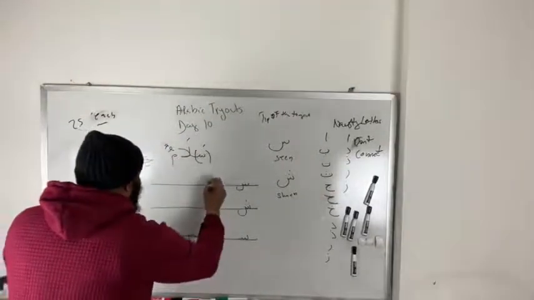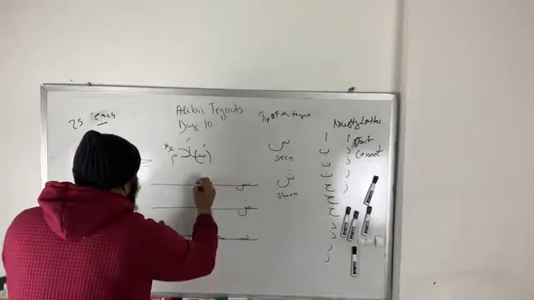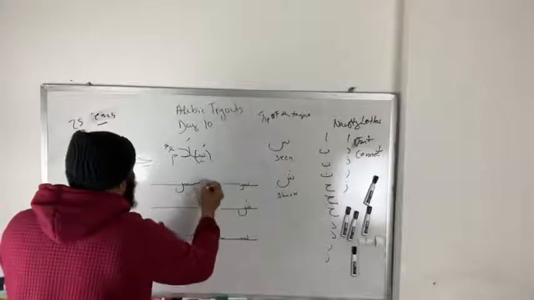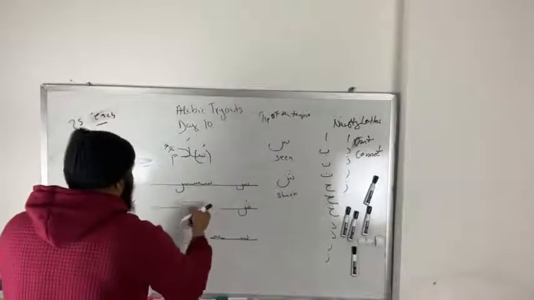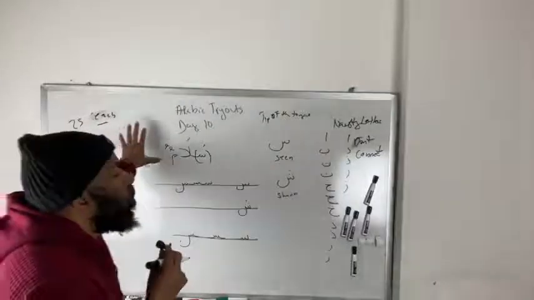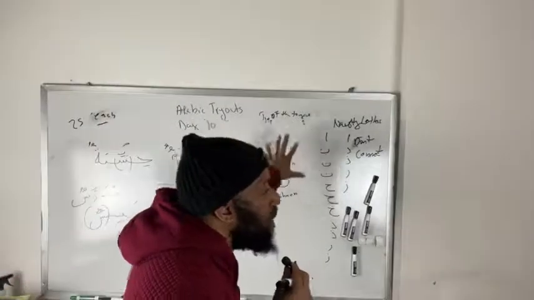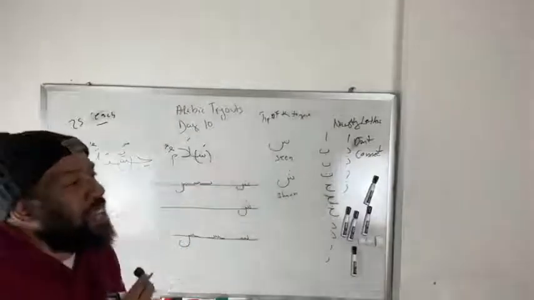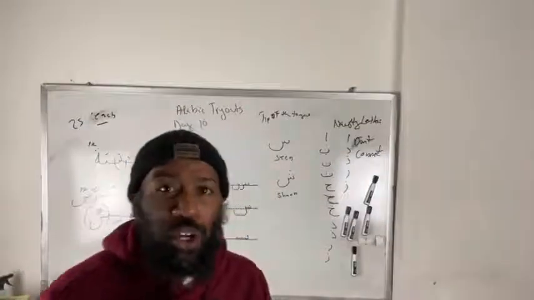Connect them. Right? Whether it's Seen or Sheen, connect them and write that 10 times each. All right? Then go over to the Mus'haf or go over to the Arabic part in your Quran and identify these letters.